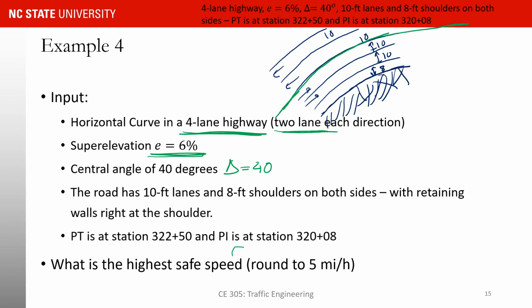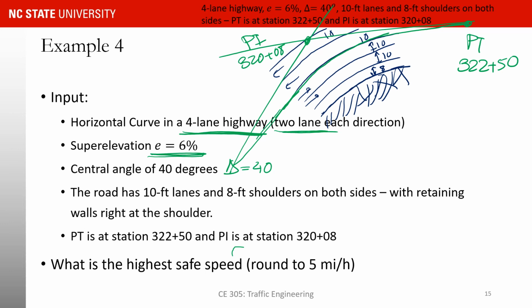Okay? So PT, when the curve ends, is at 322 plus 50. PI is at 320 plus 08.